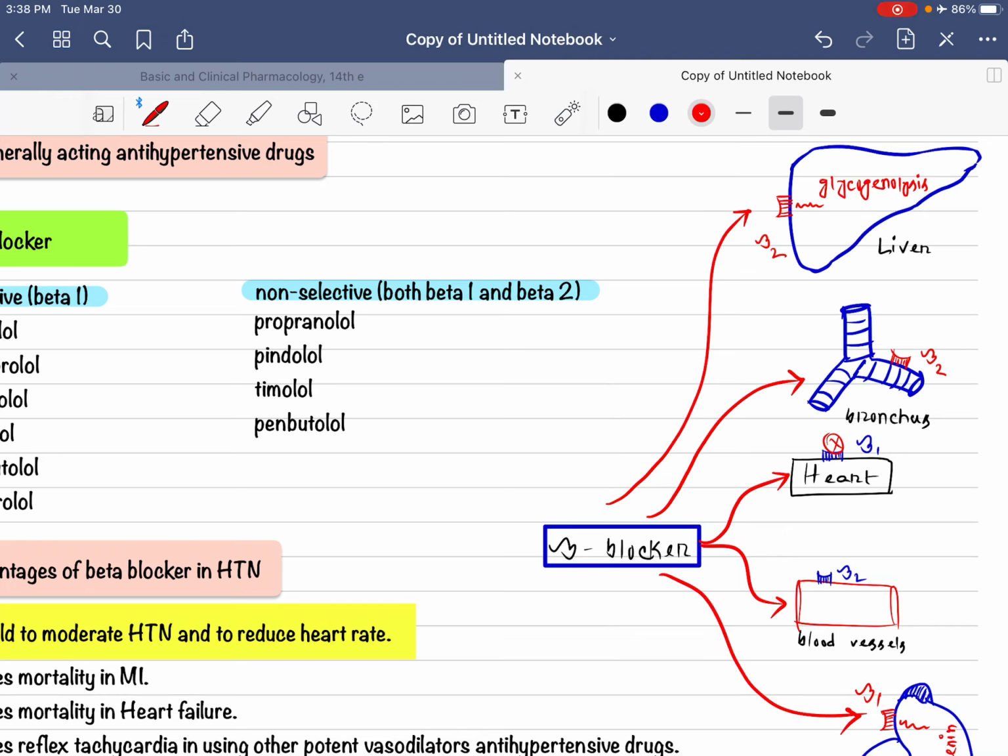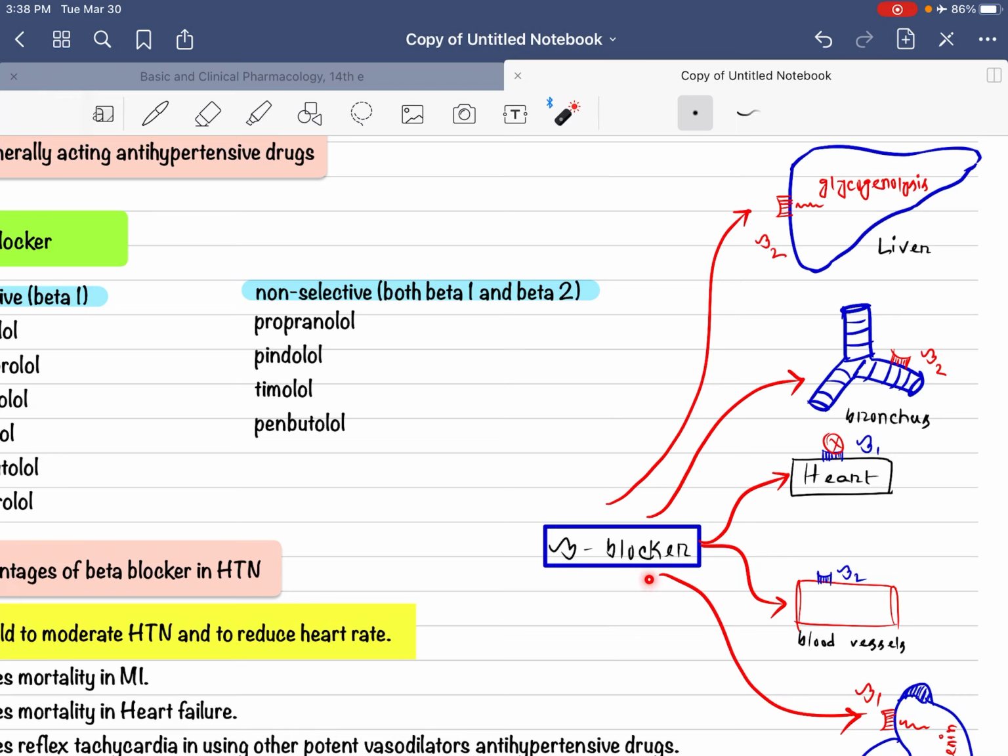Another mechanism is that beta blocker drugs also block the beta 2 receptors of your blood vessels. You know that the beta 2 receptor causes vasodilation. That means a beta 2 receptor agonist decreases the total peripheral resistance and decreases the blood pressure.